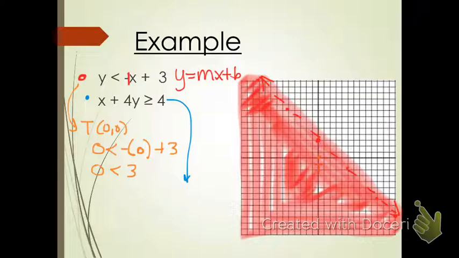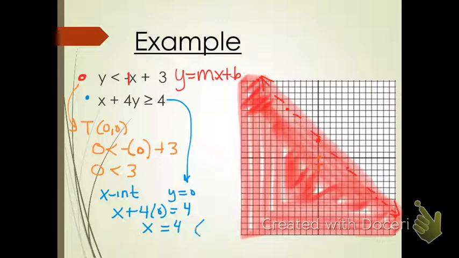So to find the x-intercept, remember that is when you plug in a 0 for y and solve for x. So we'll do x plus 4 times 0 equals 4. And we get x plus 0, which is x, and x equals 4. So the x-intercept of the second equation is at the point (4, 0). Go ahead and plot that one.